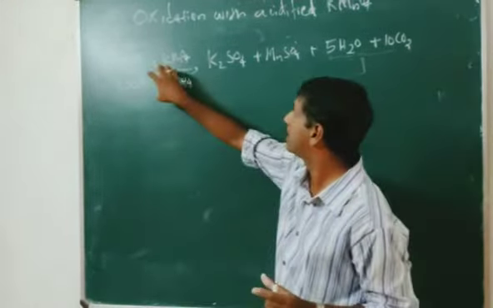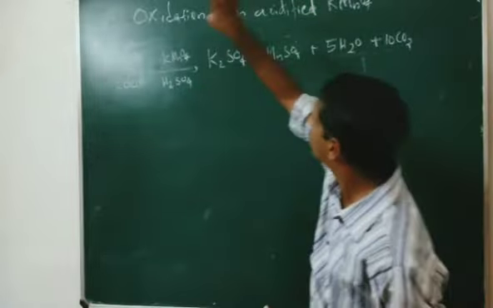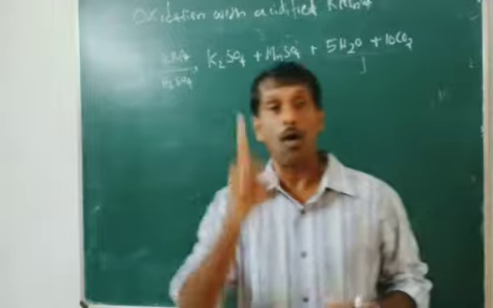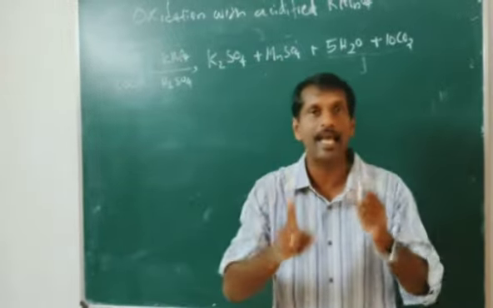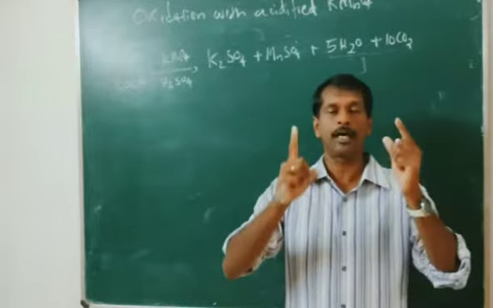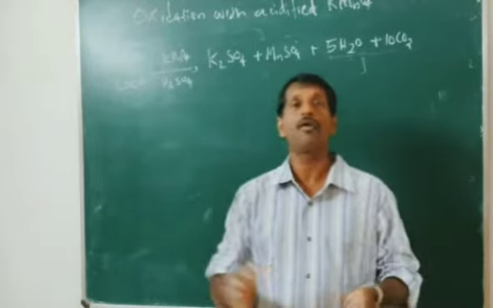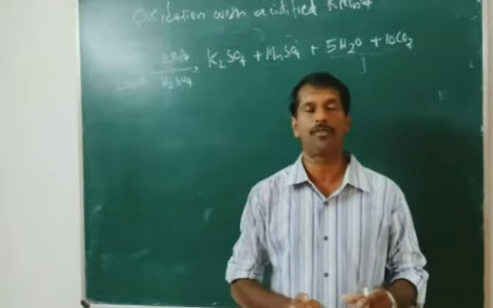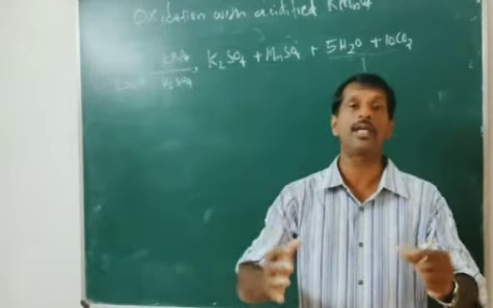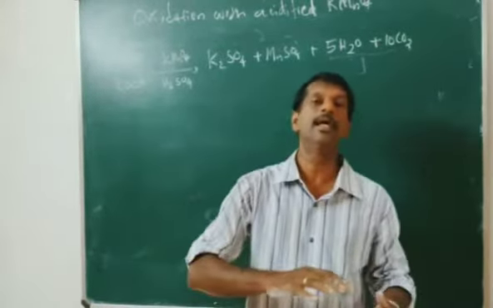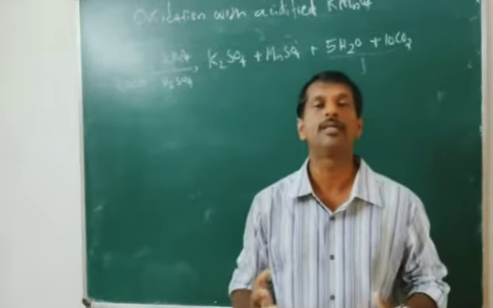In this reaction we can see that oxalic acid can decolorize KMnO4. That is very important. Therefore, it is used for the estimation of oxalic acid using standard KMnO4, by titrating against standard KMnO4 and vice versa in the presence of dilute H2SO4.